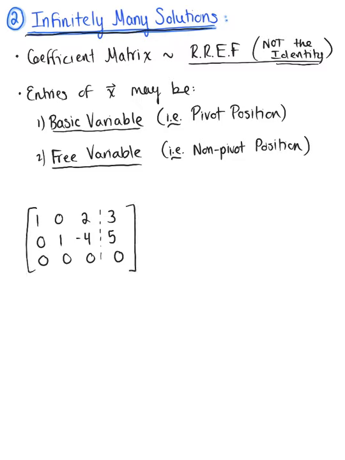Alrighty, so here we go. Looking at your coefficient matrix here, we can see that x sub 1 is associated with a basic variable. It has a pivot. X sub 2 also has a pivot, but notice that there's no pivot position in x sub 3. So we'll make a note here to ourselves that x sub 1 and x sub 2 are pivots, or basic variables, because they are pivot positions.